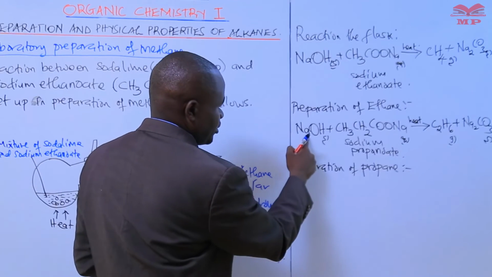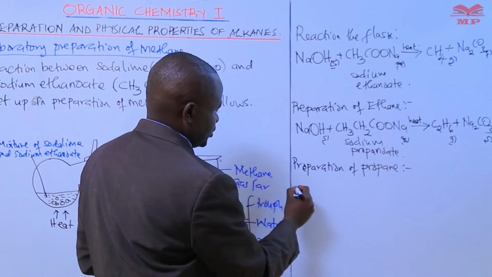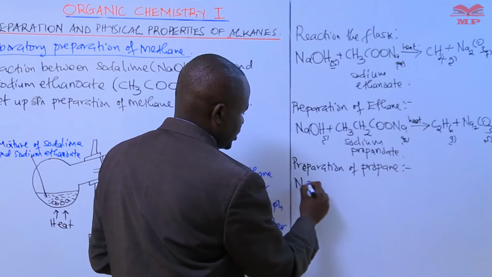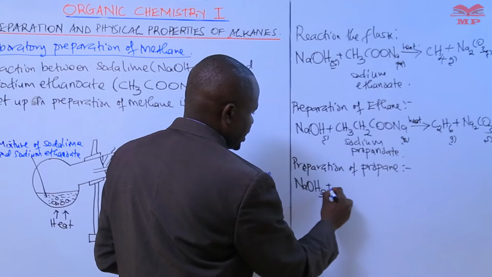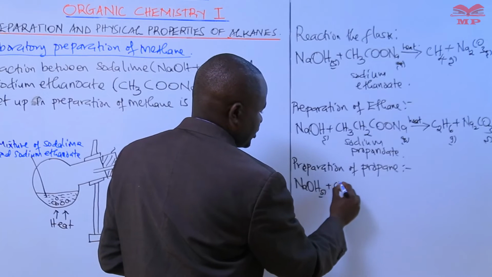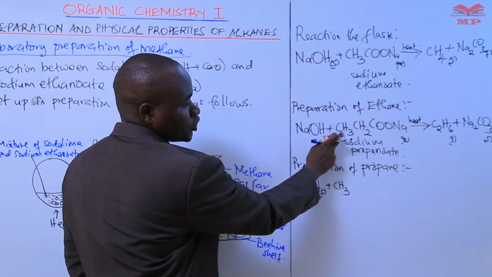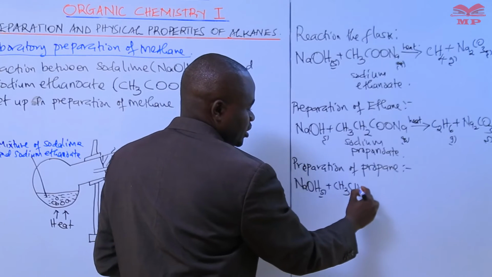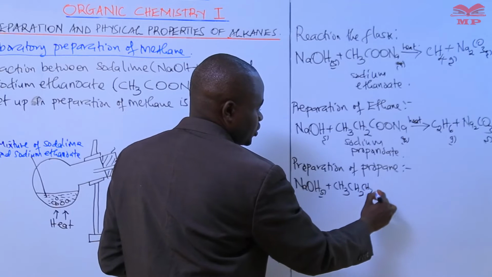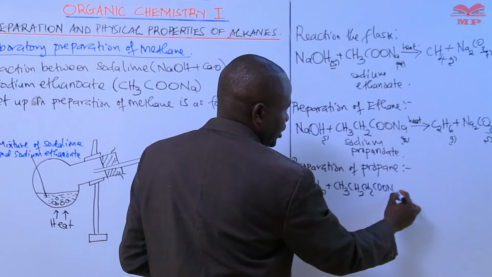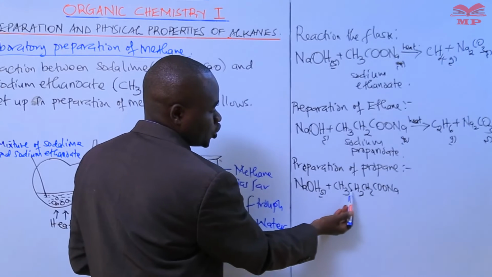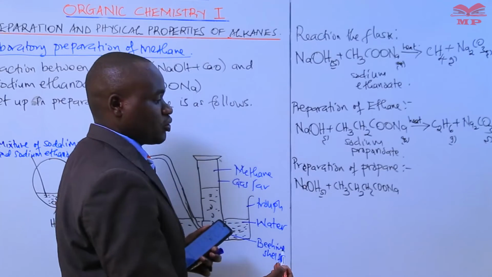So the sodium hydroxide remains, soda lime. So sodium hydroxide plus the organic salt, now having 4 carbon atoms. So this part remains CH3, and then you have CH2, and then COONa. This one has 1, 2, 3, 4 carbon atoms.